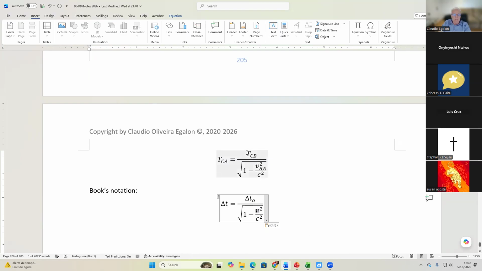And this delta T naught is the same as TCB, and delta T is TCA.